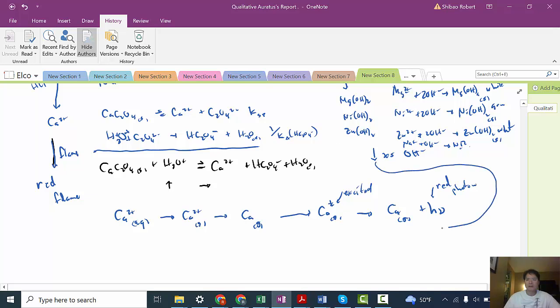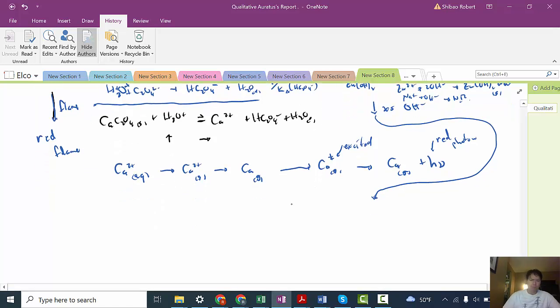So I'm going to bring it over here like this. And so magnesium hydroxide, solid, plus excess hydroxide yields NR. No reaction here. Nickel hydroxide, solid, plus excess hydroxide yields NR.